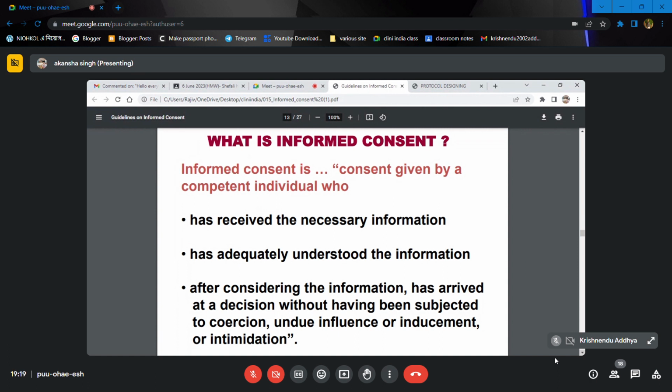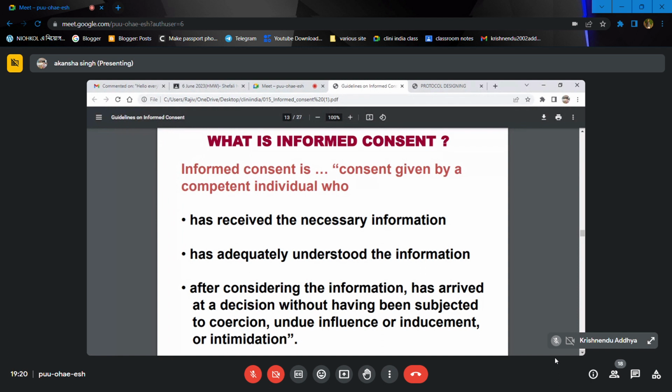You have to provide all the information to the subject, and you have to check if he is willing to participate or not. The study subject must understand the purpose, the procedures, the potential risks and benefits, their involvement, why their involvement is important, and the alternatives to participation, what compensation they will get.